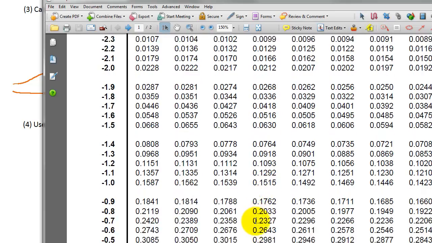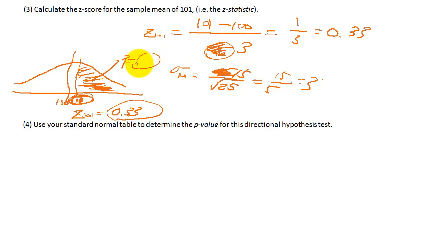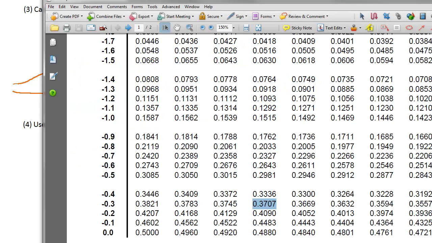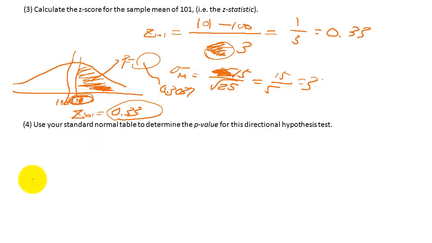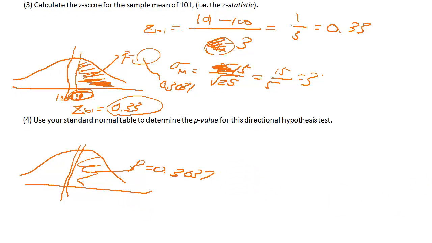Yeah. So 0.3037. That's the p-value. Okay, let's go to the next one.